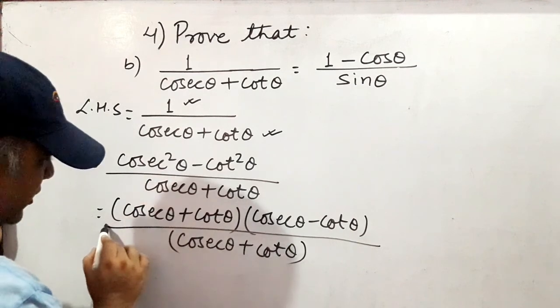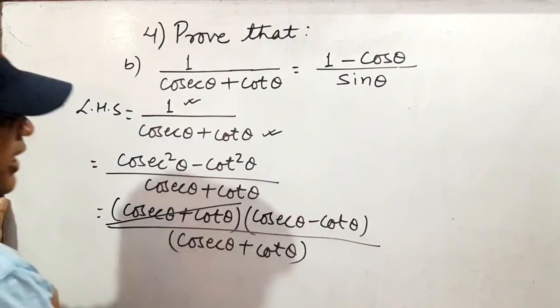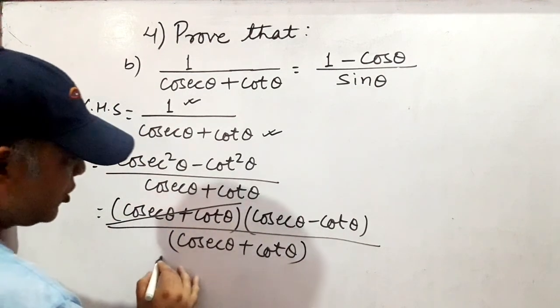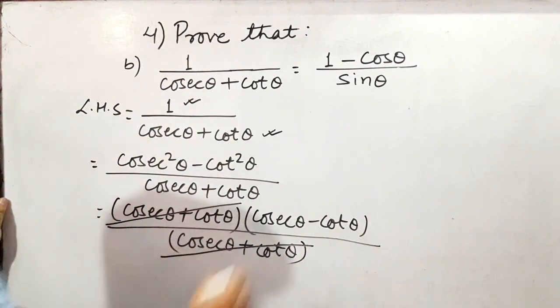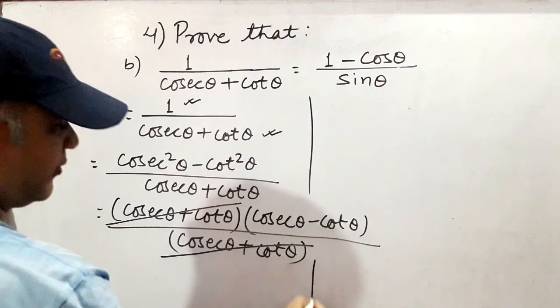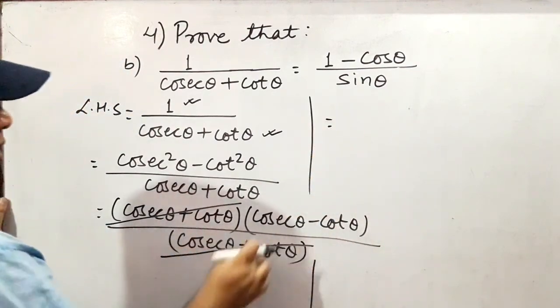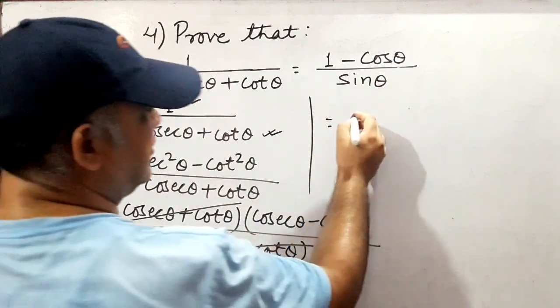So this cosec theta plus cot theta of the numerator and this cosec theta plus cot theta of the denominator, they get cancelled. Now we have cosec theta minus cot theta.